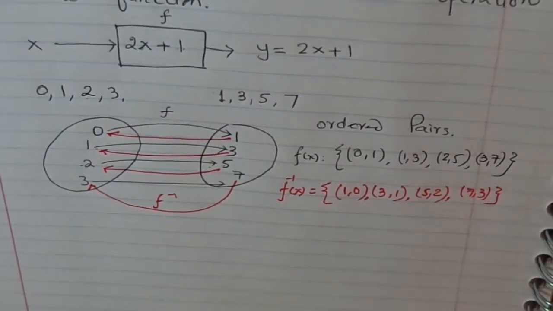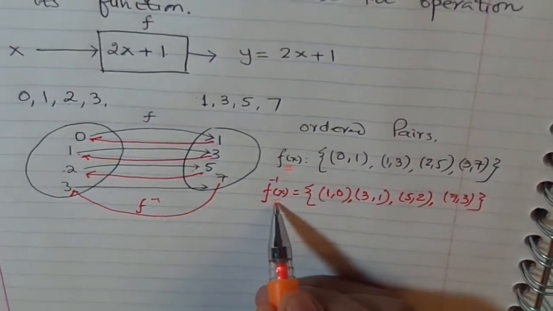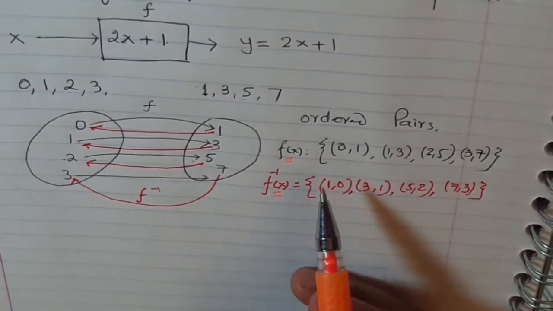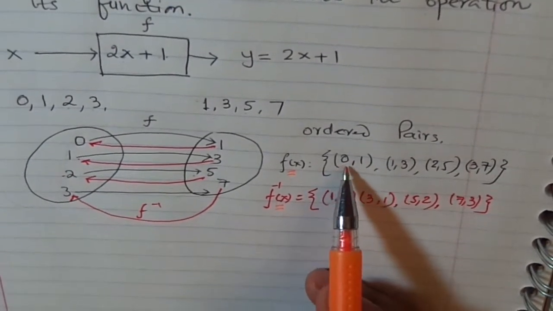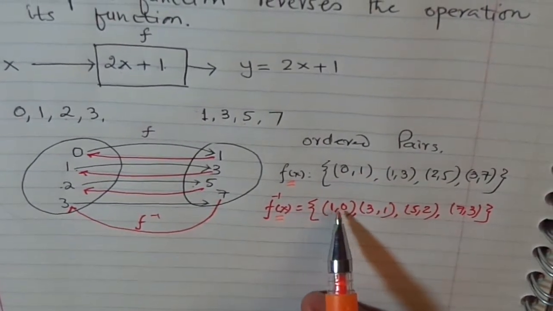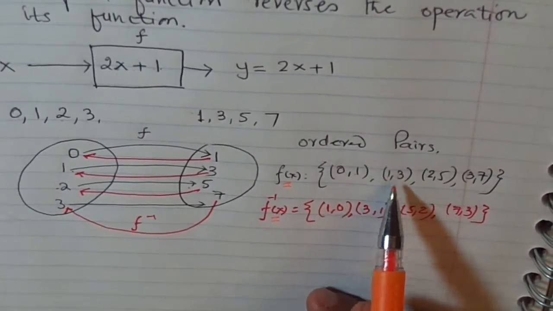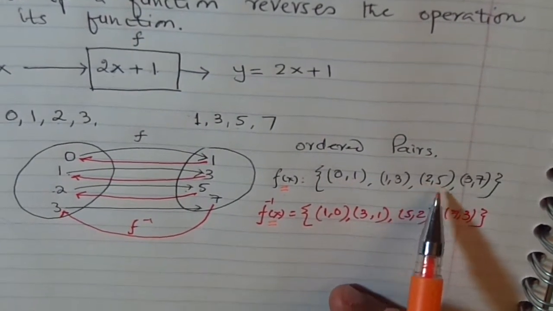Now, if you compare these two, f(x) and f inverse x, you'll find that these ordered pairs have interchanged. Here, it is from 0 to 1, and in the inverse it is 1 to 0. 1 to 3 becomes 3 to 1. So basically we are swapping x and y.